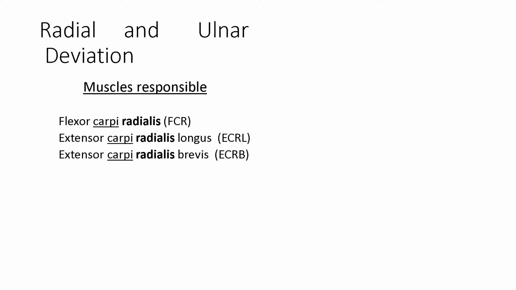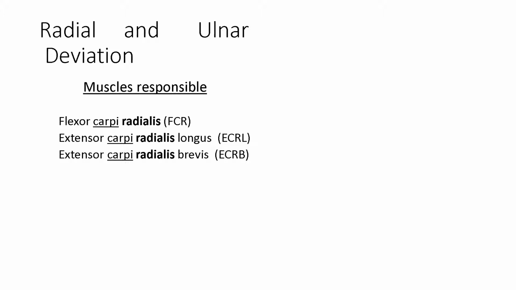Okay, we also have radial and ulnar deviation. Now, in order to pull the wrist towards the pinky side or the thumb side, the radial or the ulnar side, we simply use both sets of muscles on the radial side and both sets of muscles on the ulnar side. So for radial deviation, we have the flexor carpi radialis as well as the extensor carpi radialis longus and brevis.